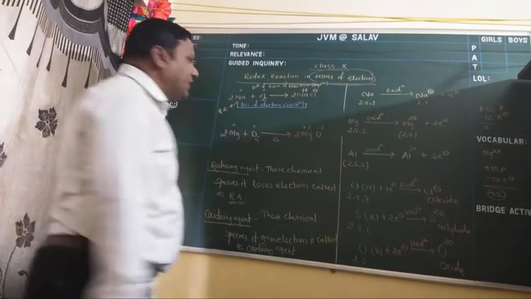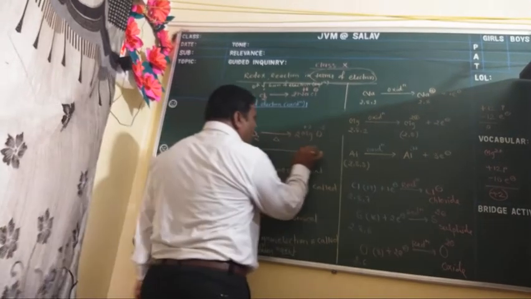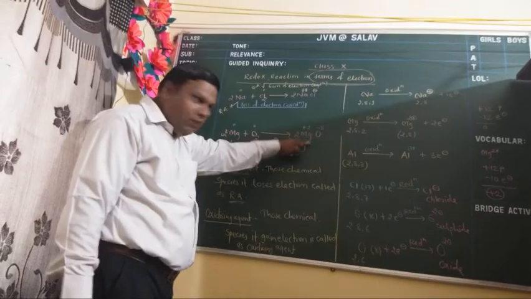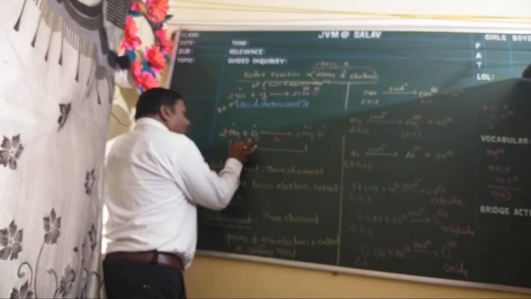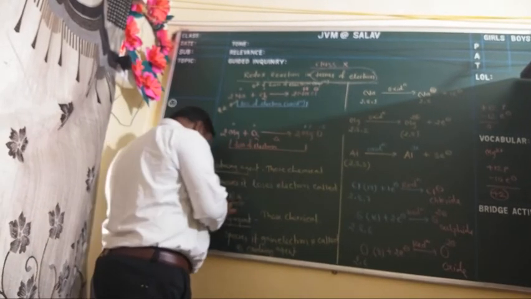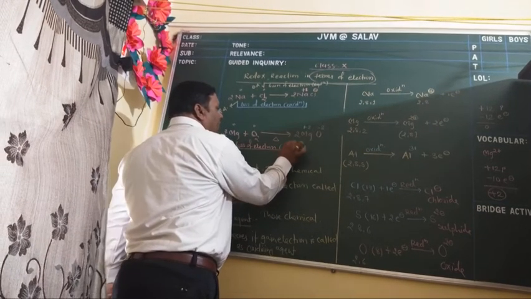Now remember here, magnesium क्या कर रहा है? 0 converts into plus 2. मतलब क्या हुआ? Loss of electron. Correct? It is loss of electron, that is named oxidation. Correct?